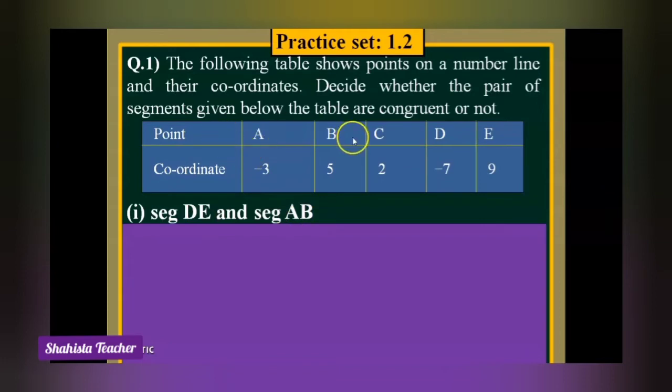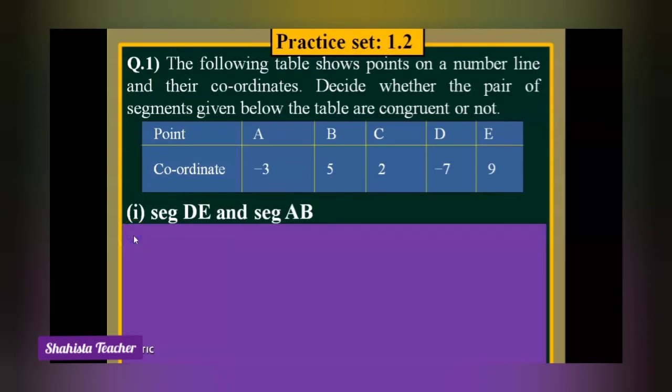Now here points are given A, B, C, D and E. And coordinates are given -3, 5, 2, -7 and 9. A represents -3, B represents 5, C represents 2, D represents -7 and E represents 9. Students, let's solve sub-question 1. So here solution.